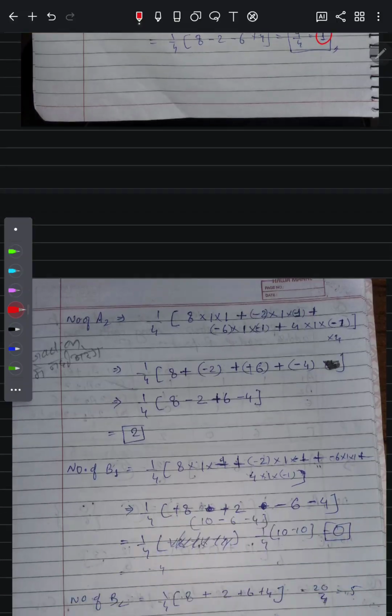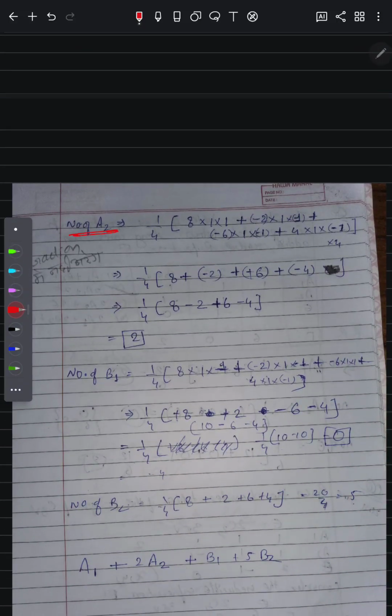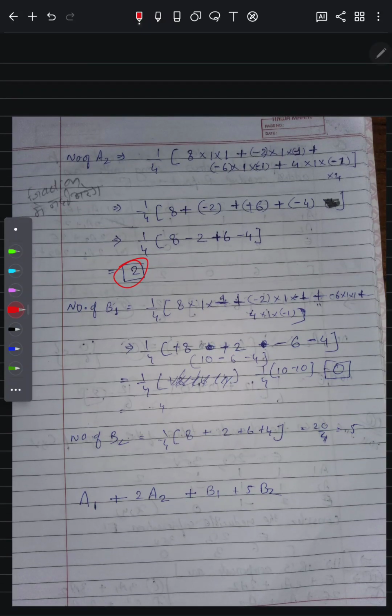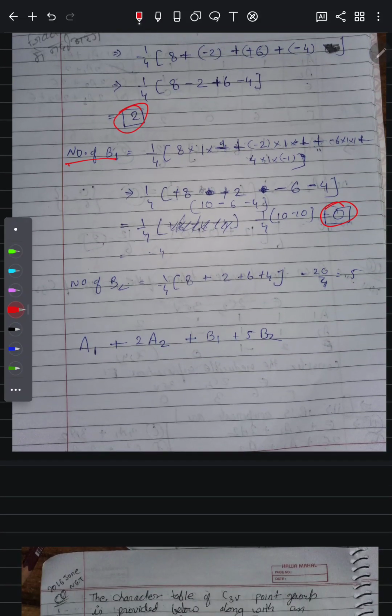Then for the calculation of A2, we put the same: 1 upon order, into the reducible representation from the character table, into the values of A2. By solving this, we will get the value 2 for A2. For B1, it is 0, and for B2, the number of B2 will be 5.